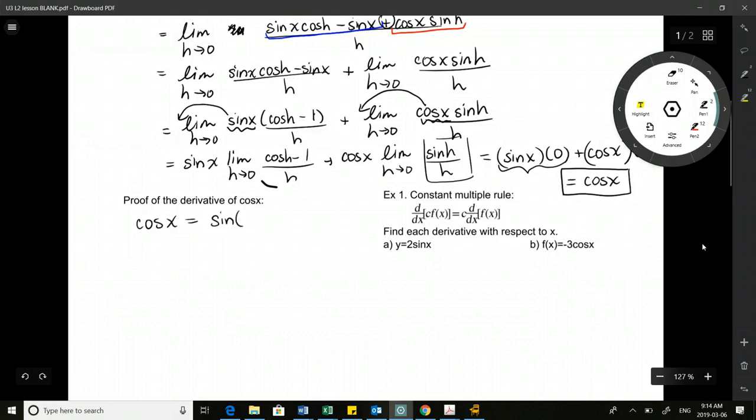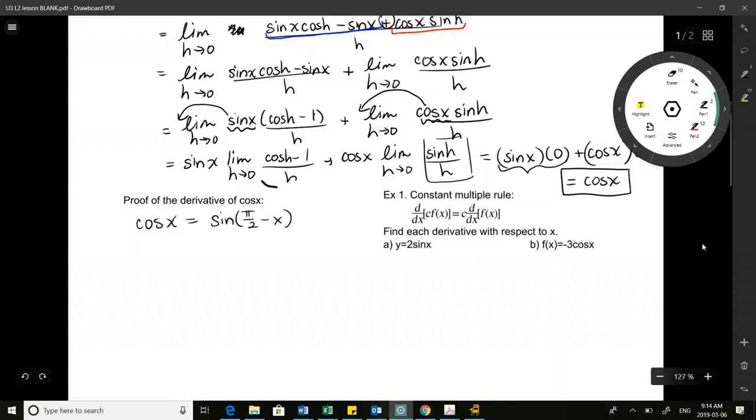There might be a couple different ways that you can prove this. Okay, and part of this is what I'm going to use with you today. But what you do need to know in order to do this proof is that when we do the derivatives of sine and cosine, it's like a chain rule thing where we do the derivative of the outside and then multiply it by the derivative of the inside.